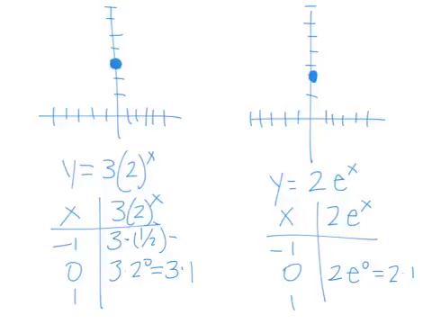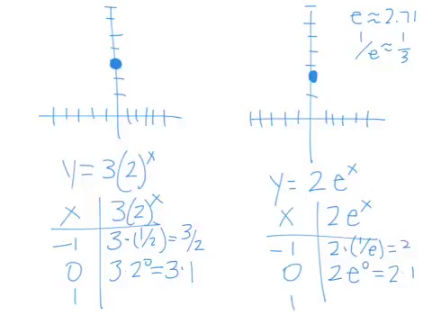That value there will be 3 times 1/2, which would be 3/2. Over here, again, we'll take our initial value times 1 over our base, 1 over e. Now that's a weird one. e is approximately 2.71. So 1 over e is going to be right around 1/3. So our value here would be 2 over e, which is going to be about 2/3.